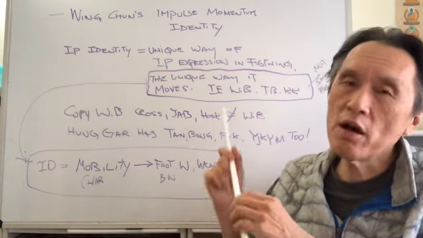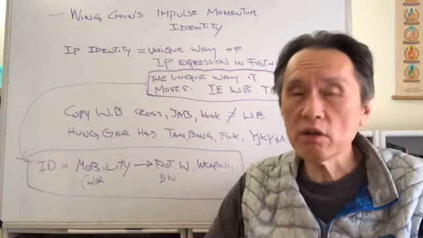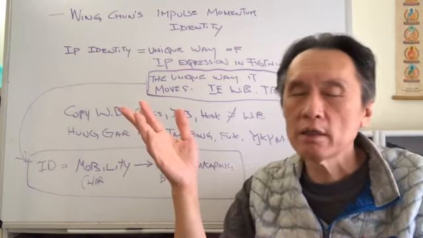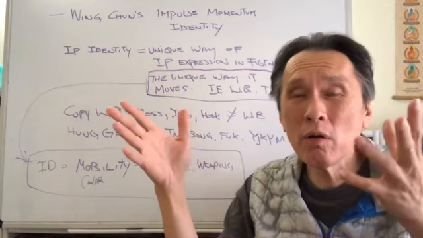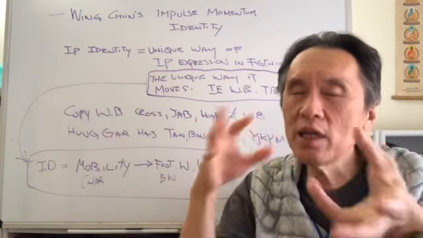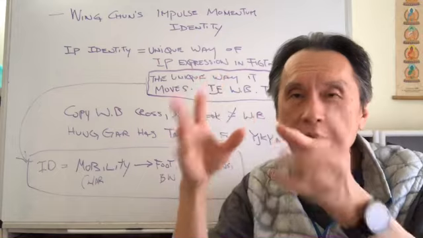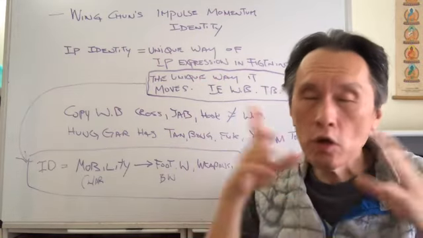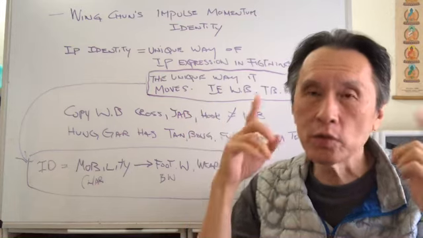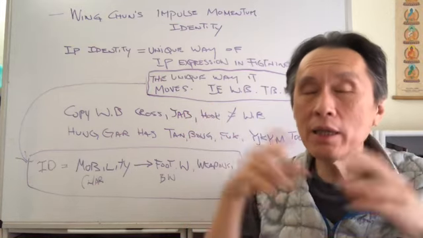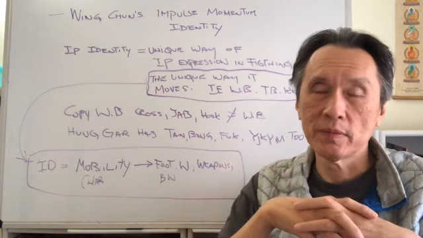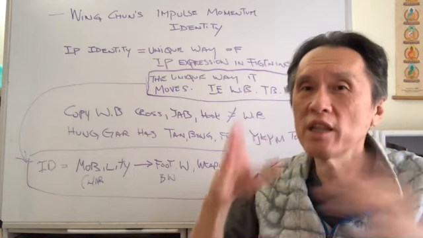Same thing with Thai boxing. Thai boxing has its characteristic. If you look at, say, Taekwondo, Taekwondo uses legs too, but you see the differences there, the different impulse momentum identity. Kyokushin uses legs too, but it has a different identity, or impulse momentum identity. One is fight.